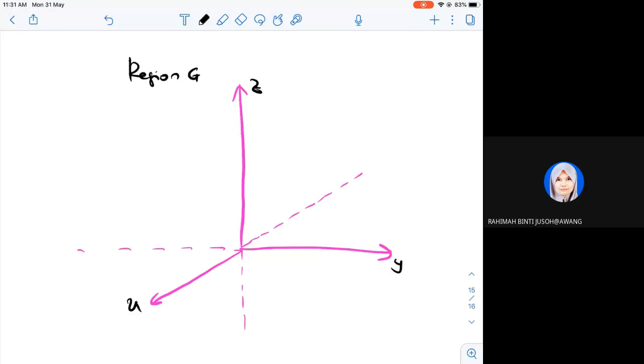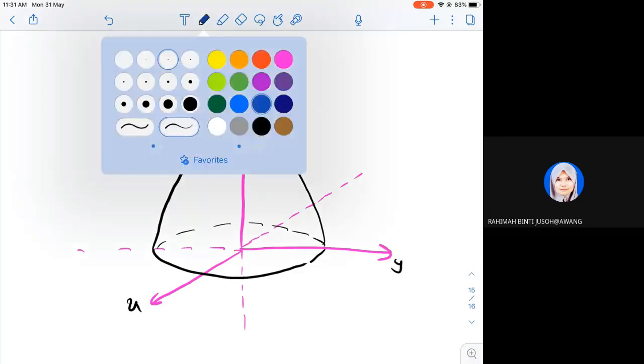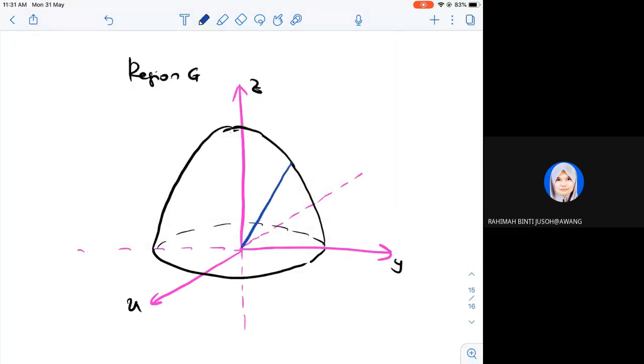Okay, let's say this is the hemisphere. And then this is the cone. Okay, suppose akan dapat ice cream cone kan.